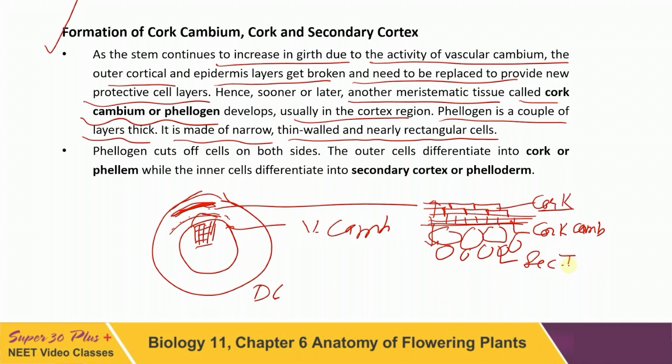The other name for the cork cambium is phellogen. Phellogen cuts off cells on both sides, as I told you. Outer cells differentiate as cork or phellem, and the cells added towards the inner side are parenchymatous thin-walled cells, also known as secondary cortex or phelloderm.